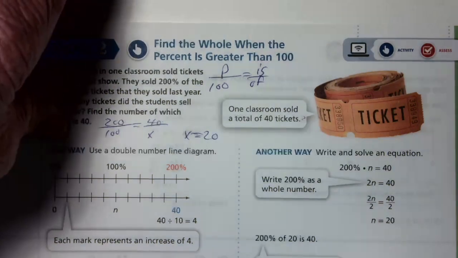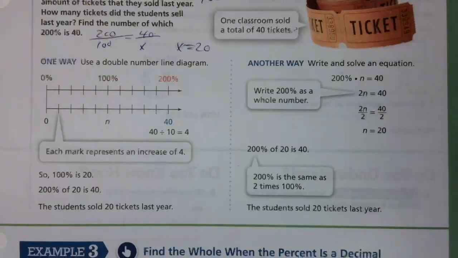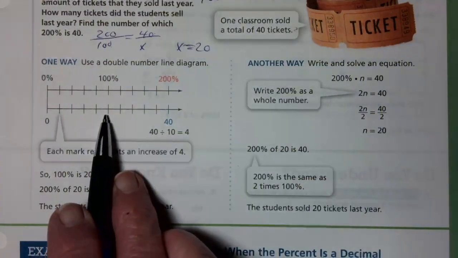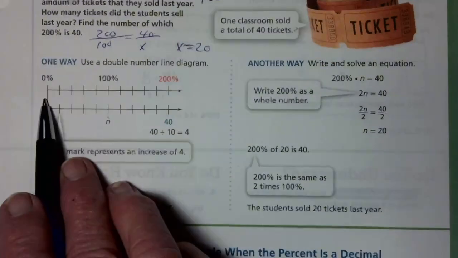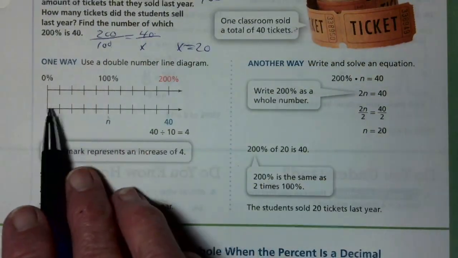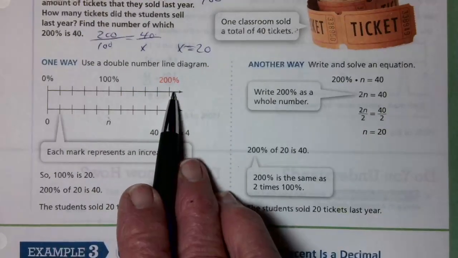Okay, now if you look through the book's way of doing it, they did a double number graph where they took 100% and here's 200% and they put it in equal increments, 20, 40, 60, 80, 100, 20, 40, 60, 80, another 100.